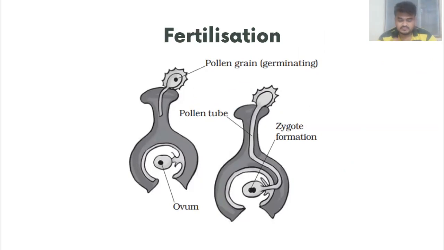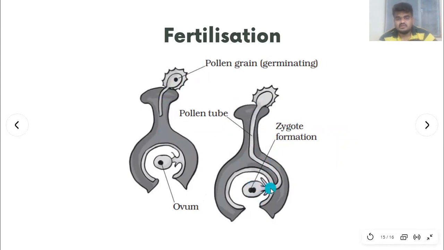The zygote develops into an embryo. See, this is the pollen grain. After it, with the help of this pollen tube, it connects with this ovum, and here the zygote formation occurs.